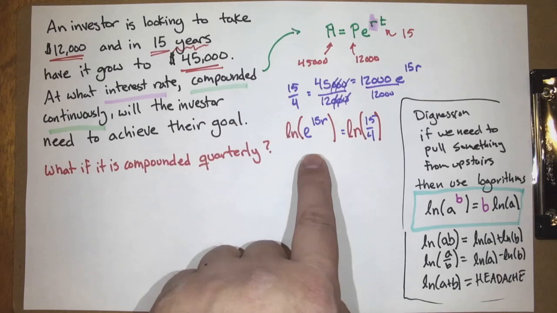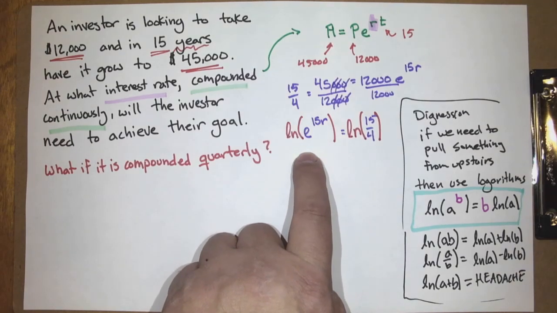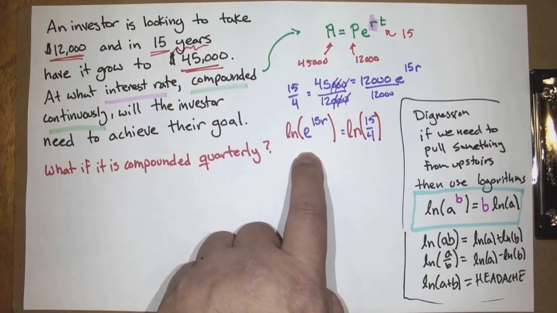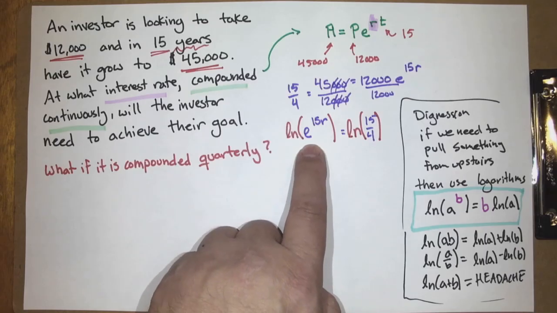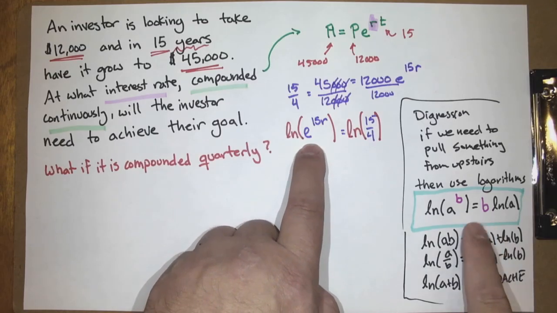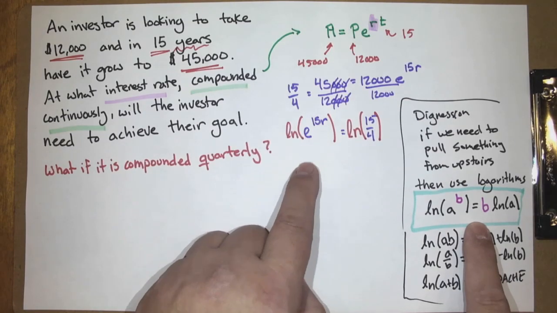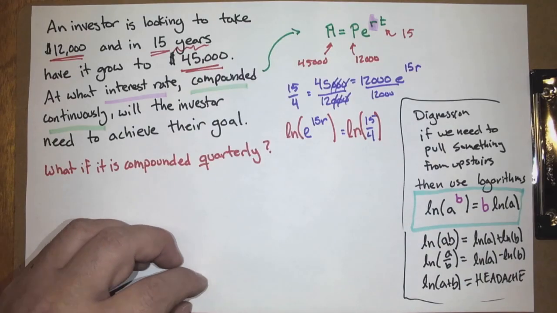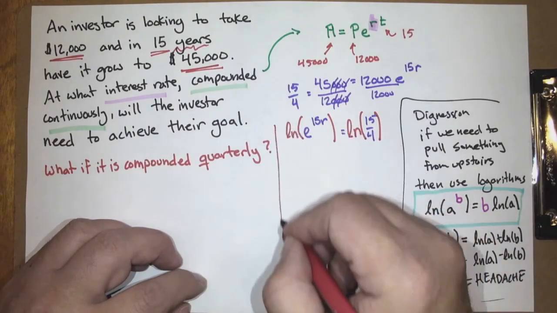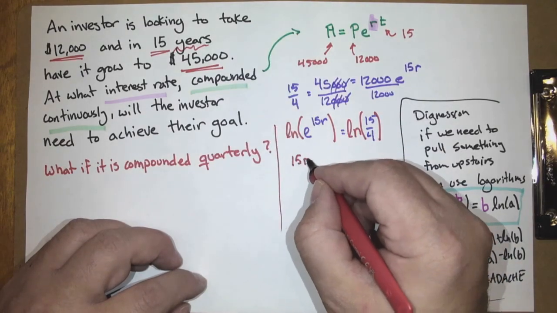So what happens to our left-hand side? Log of e to the 15r. In particular, what happens with this 15r? It comes down.